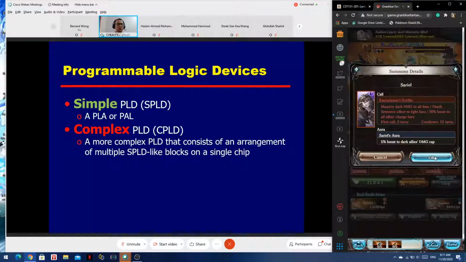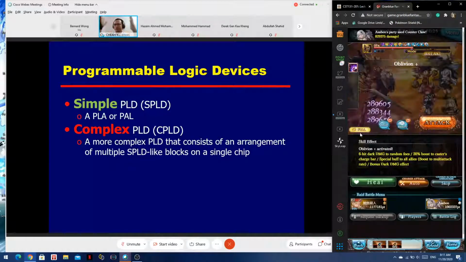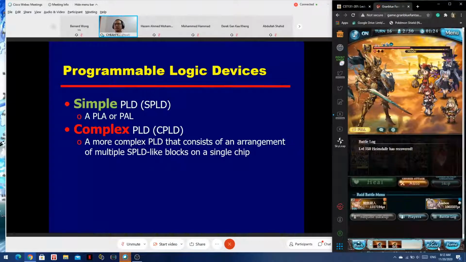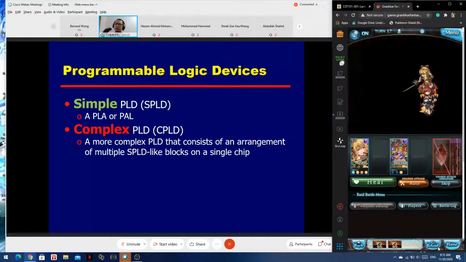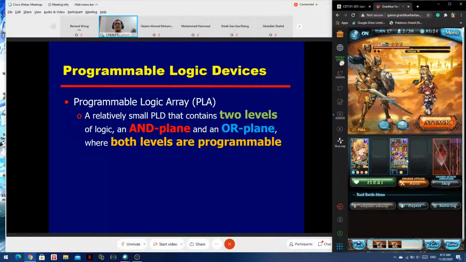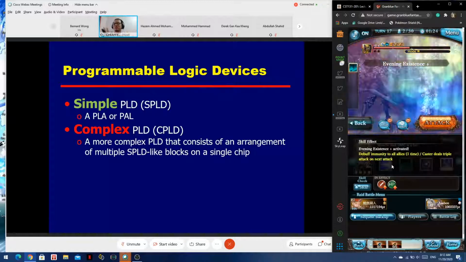On a wider scale, we can categorize all these programmable logic devices into the simple ones and the more complex ones. For the simple ones, we have seen the PLA and the PAL. So that's considered simple already.